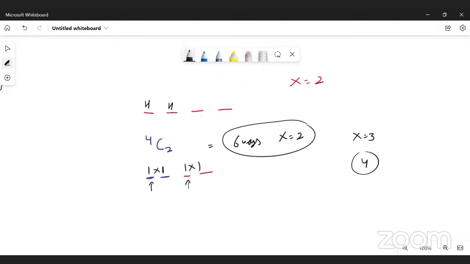Similarly, for x equal to 3 you can find, and similarly for x equal to 4. So that way, instead of writing all the possible outcomes, you can do it easily. Oh, okay. So the position factor I need to check over there. Yeah. Okay, got it.